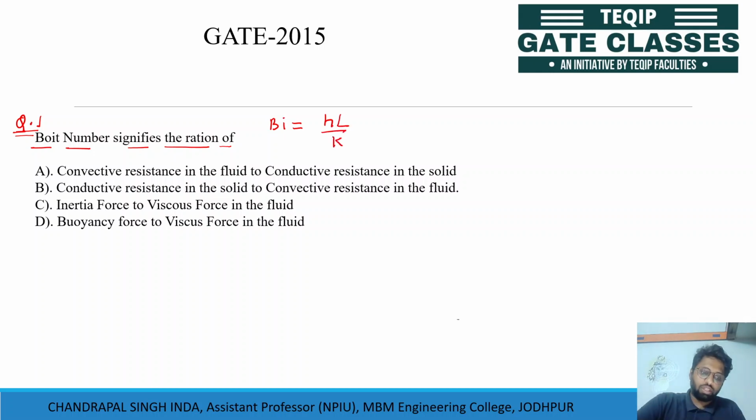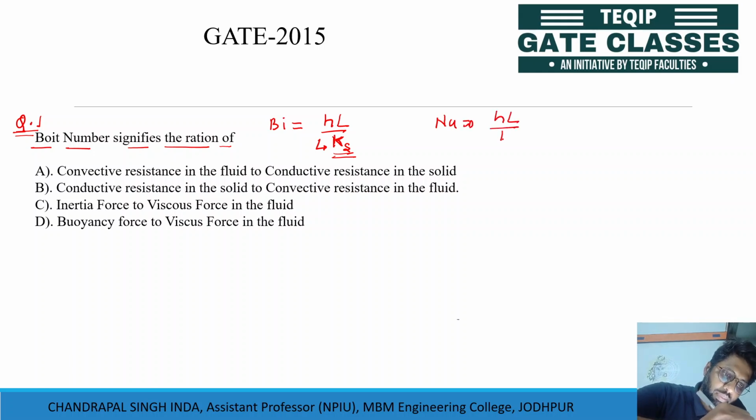But the difference in the Biot number is that this k is related to the solid, meaning it is the thermal conductivity of the solid material. But in case of the Nusselt number, this k is related to the fluid.